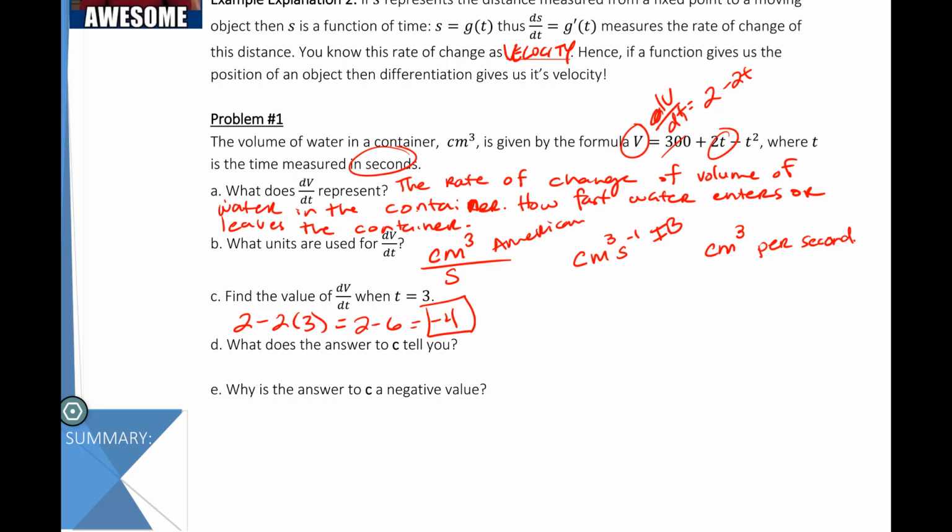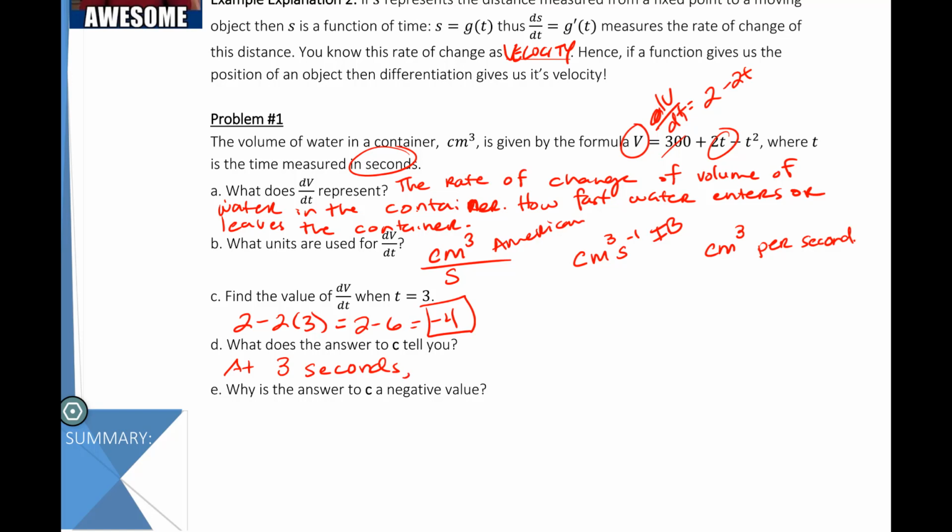Well, what does this answer tell us? This is where we get into new stuff. Apply it. Well, we are talking about at a specific moment in time. So at 3 seconds, dV dt equals negative 4. Well, again, what units did we just say this is going to be in? Centimeters cubed per second. So the volume is changing negative 4 centimeters cubed per second.